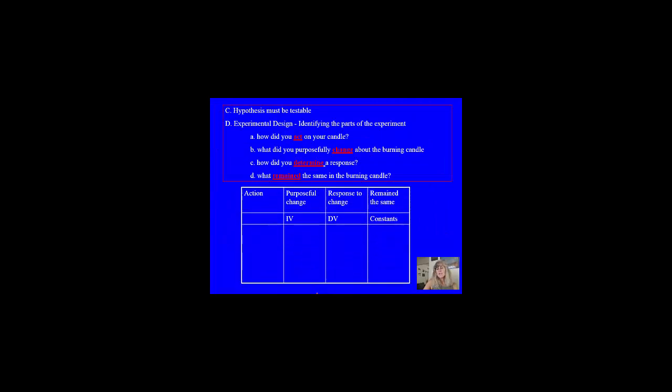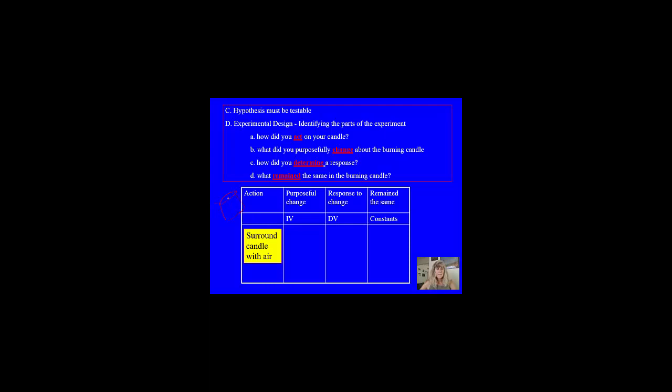So if you were going to design an experiment, and I am going to ask you to in the candle lab, I'm going to ask you to tweak one of the steps. You always start with those observations, and then you make a prediction, and now we start to design that experiment. So let's think about an action. One of the steps in the lab had you turn a beaker upside down.